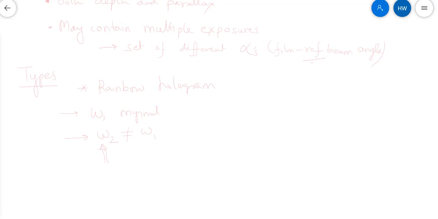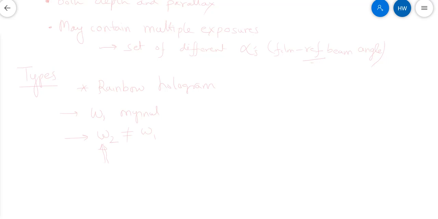But there are distortions that happen. The angle at which you see this new image will be different. Not just that, there will be some sort of magnification, which I will talk about later, either magnification or demagnification, depending on the relationship between omega 1 and omega 2. You will see that kind of scaling happen.